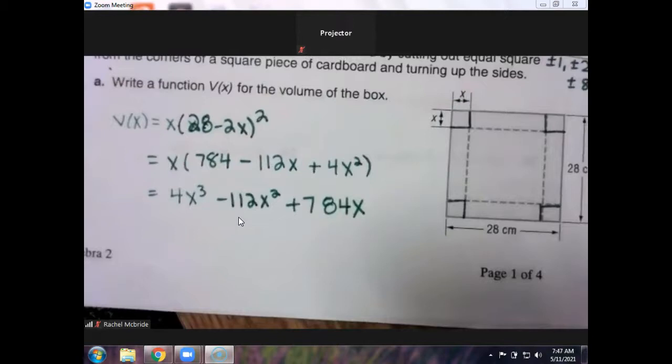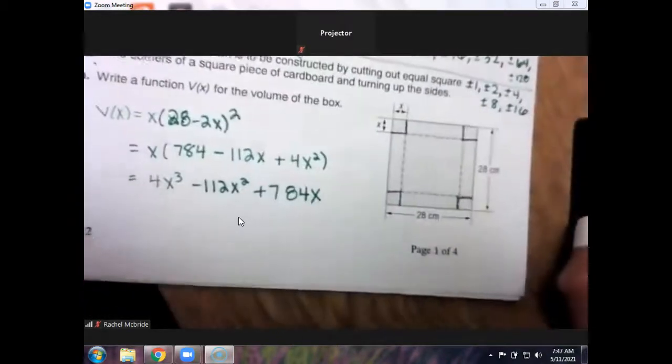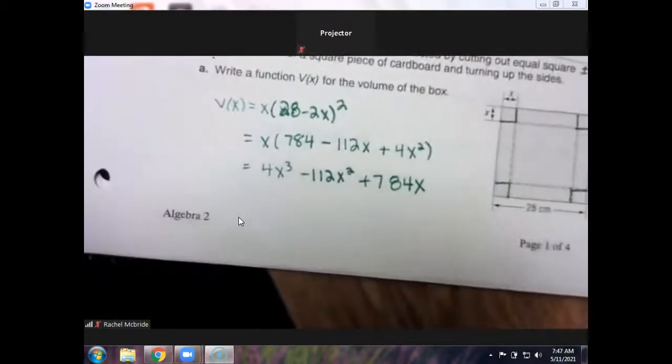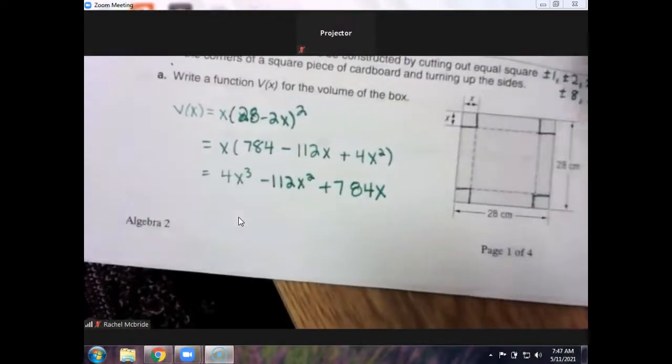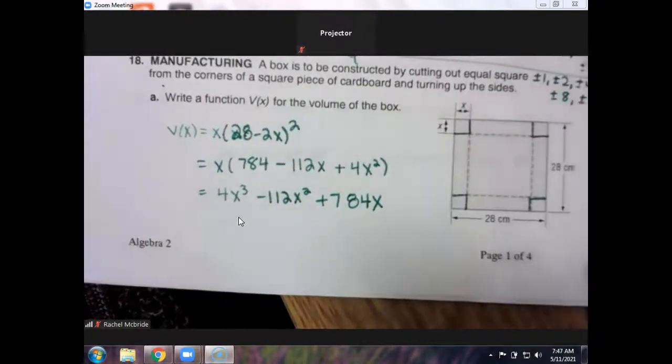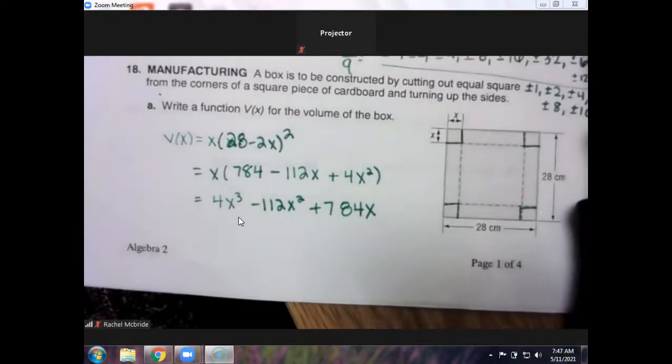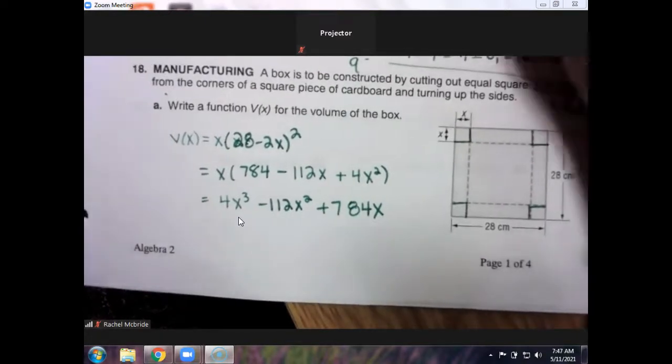Okay, and then for something like number 18, what you had to do was take into account that it was a square base. So what that meant is that the corners of the base were being cut off and they were x's. So you had to cut off the edging, which was x.